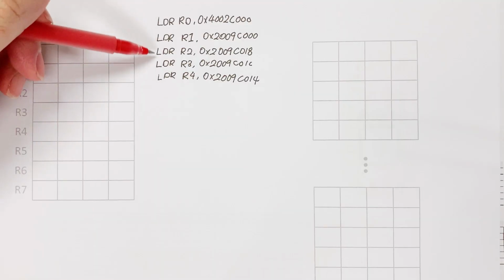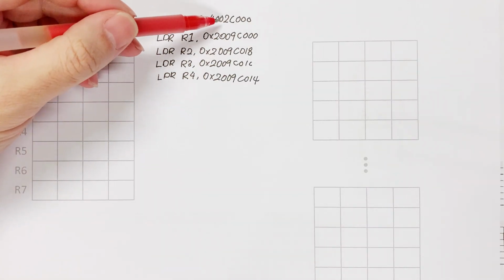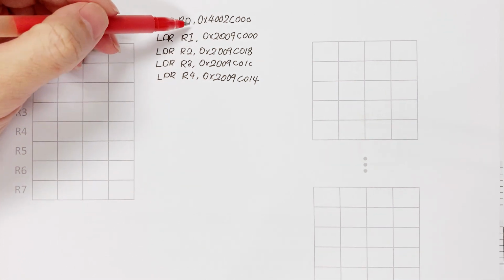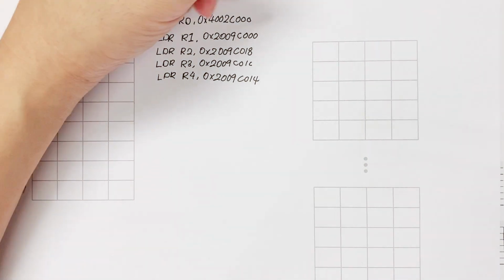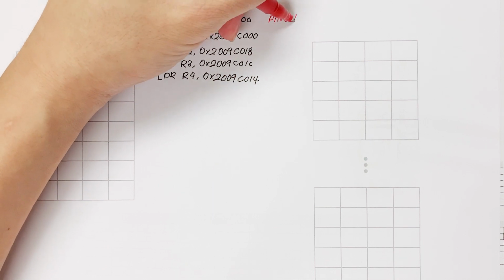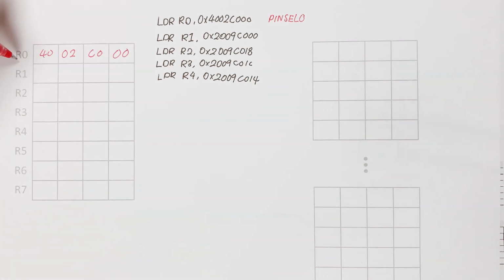We start the code by loading all the addresses for our GPIO into our registers. Register 0 will have the value of 4002C000, or the address that is allocated for pin select 0. So after we have loaded the value into register 0, we have it in R0.